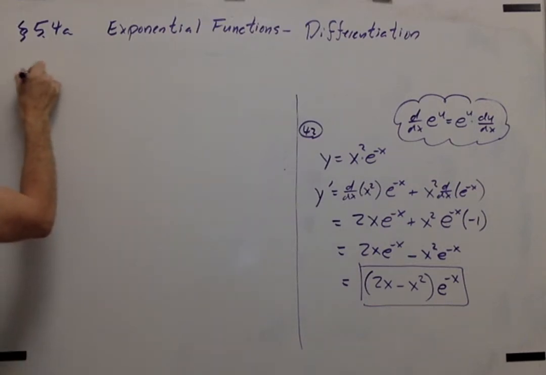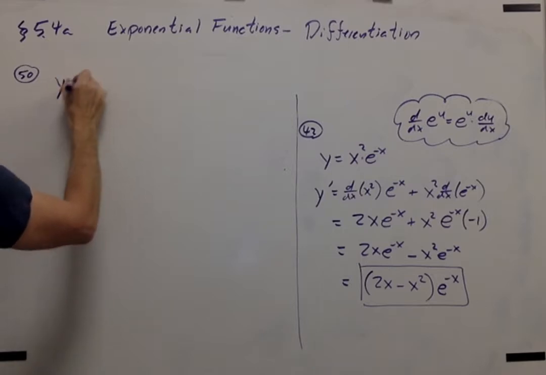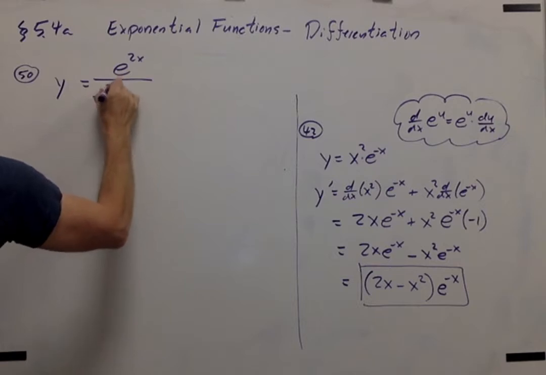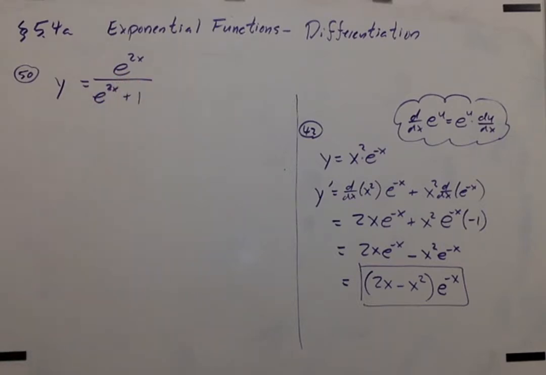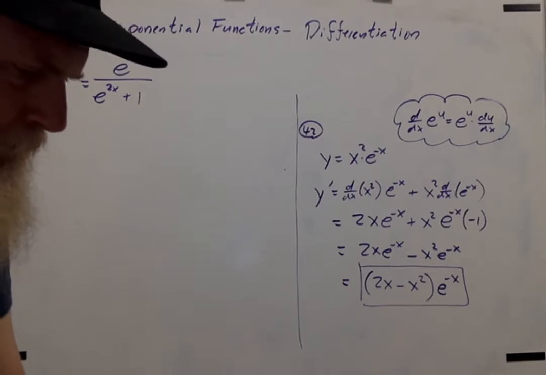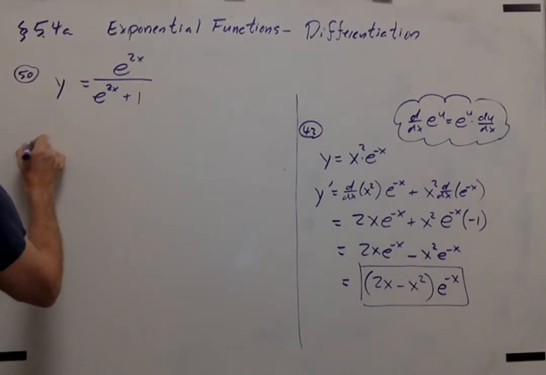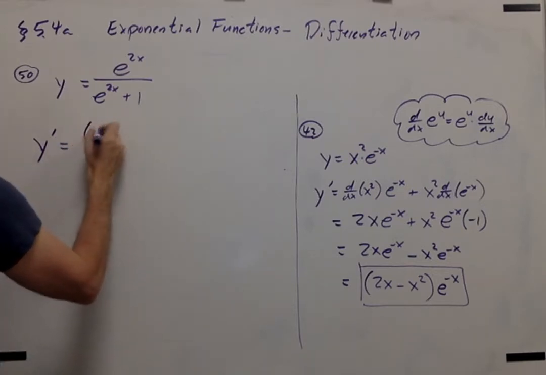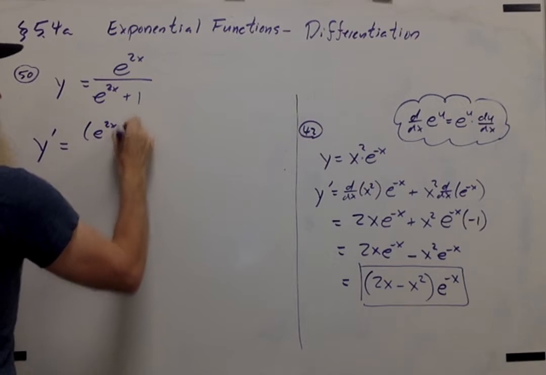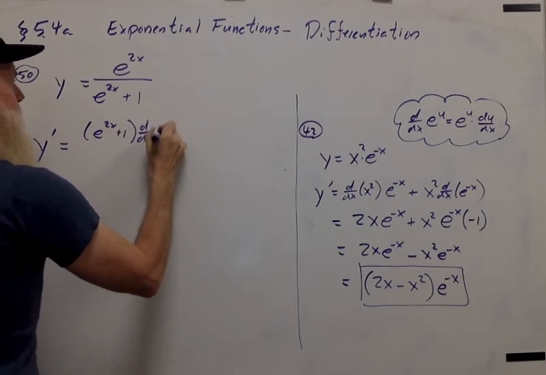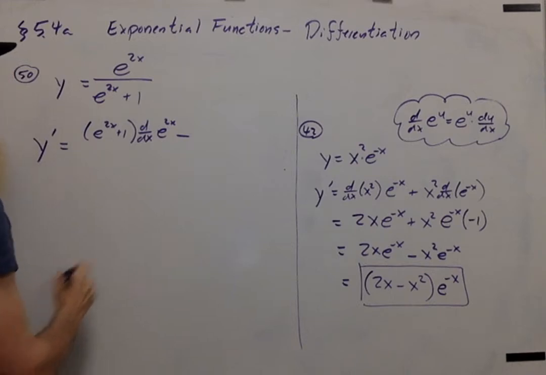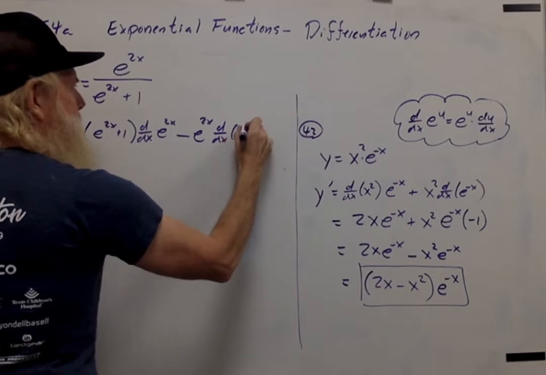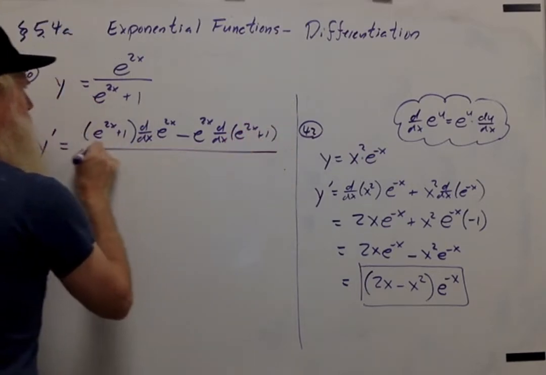Let's also look at problem number 50, where y is equal to e to the 2x over e to the 2x plus 1. This time, we'll be using the quotient rule. So we'll have the denominator, e to the 2x plus 1, times the derivative of the numerator, minus the numerator times the derivative of the denominator, all over the denominator squared.